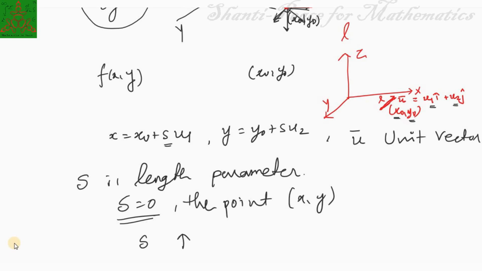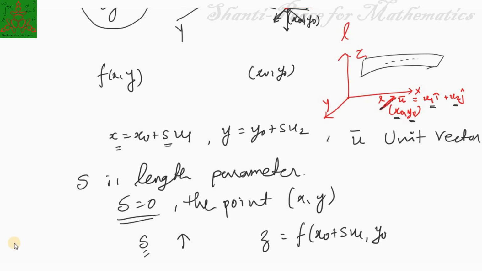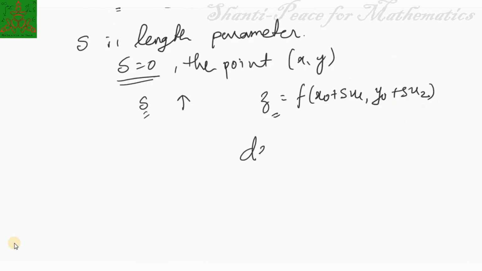On this line, as you increase this s, a point is moving along the line. So if there is a surface here, then on the surface also that point is moving. That moving point is f of (x0 plus s u1, y0 plus s u2). So now z is a function of s, and I can talk about the derivative of z with respect to s.